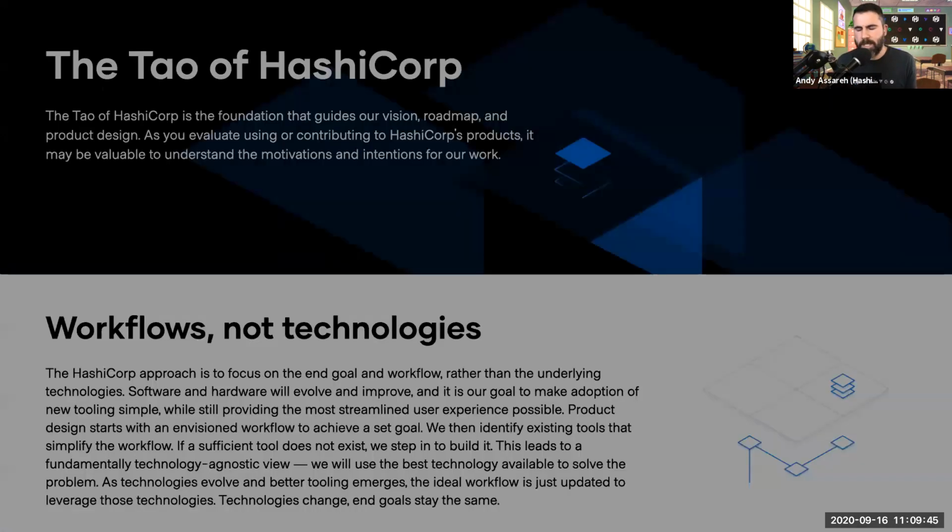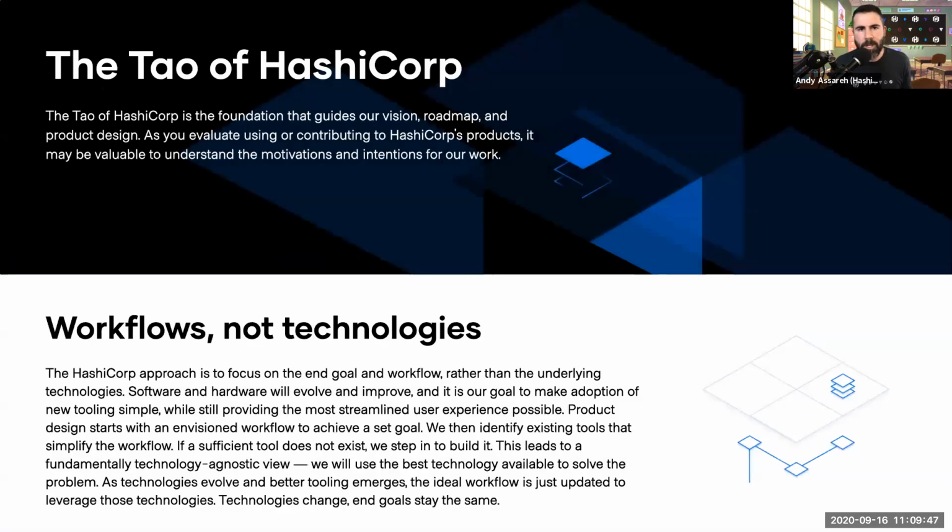So HashiCorp as a company was really born out of the multi-cloud era and the inherent challenges that it created. But there is another very important set of ingredients that heavily influence our product choices. I wanted to highlight that, which is we have a document on our website called the Tao of HashiCorp. It describes a set of foundational principles that we use as guides as we evaluate trade-offs and develop and design our products. First and foremost among them is this notion of workflows over technology.